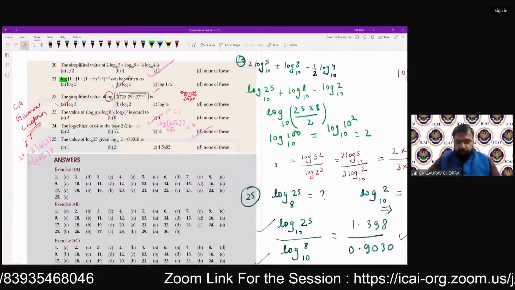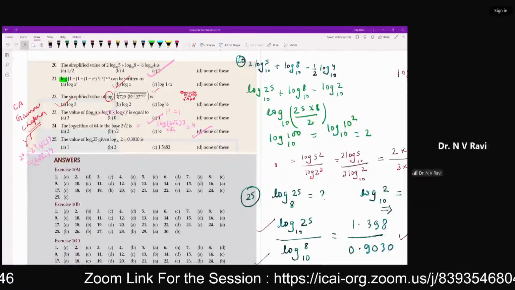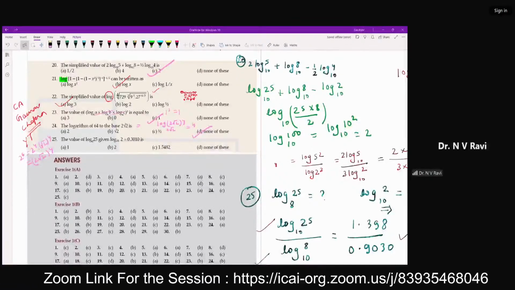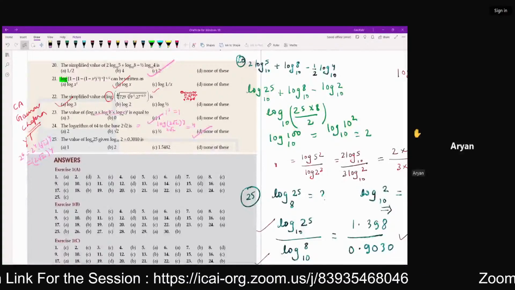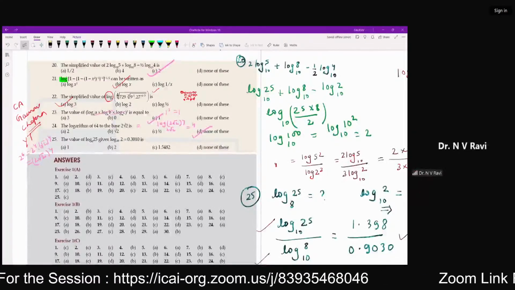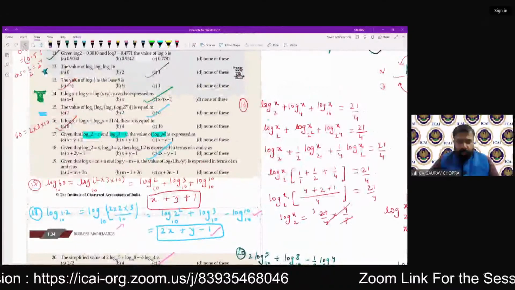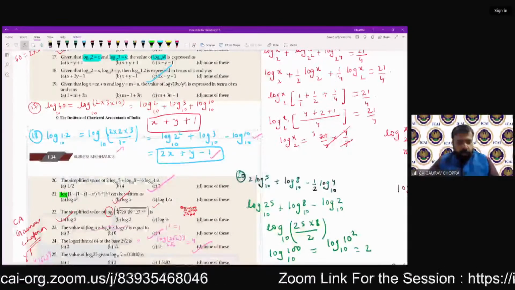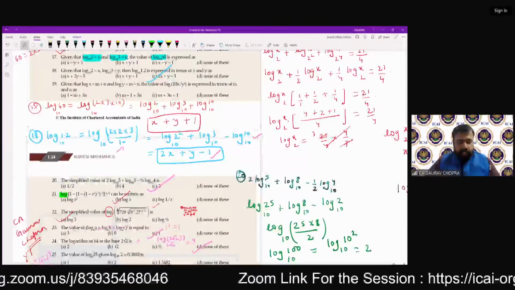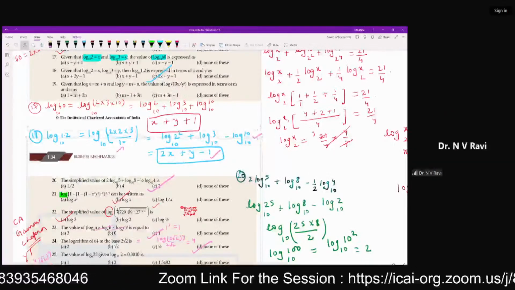These are all application points of expansion. Question number 19 I think was already explained. It is similar to questions 17 and 18. All three are similar kinds of questions.